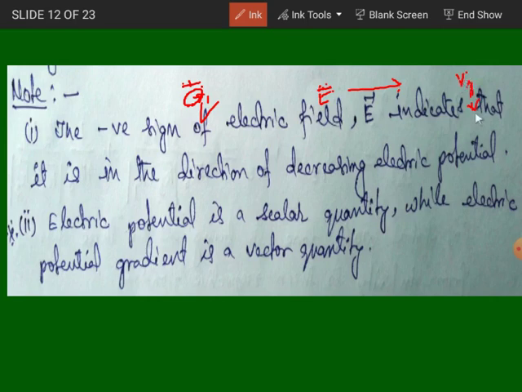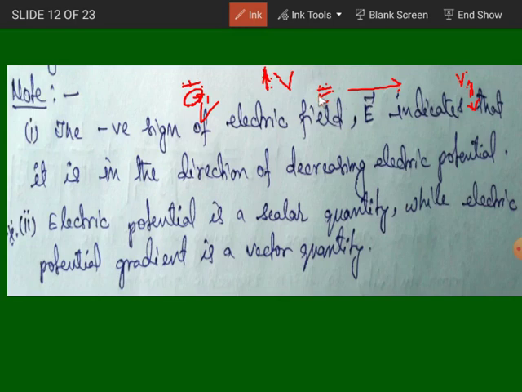So V is less, but as you come closer and closer, if you bring a test unit positive charge from infinity closer and closer to the given charge, your V will be increasing, its value will be more, right?